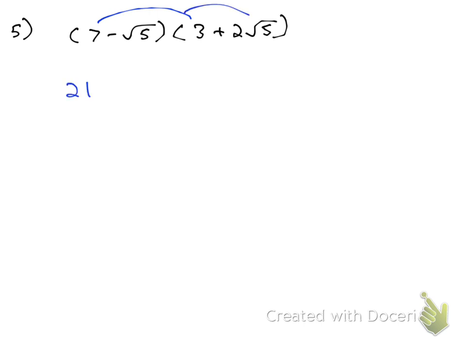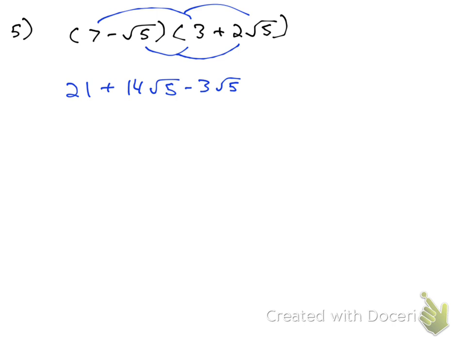We got 7 minus square root of 5 times 3 plus 2 square root of 5. First, 21. Outer, 14 square root of 5. Inner, minus 3 square root of 5.